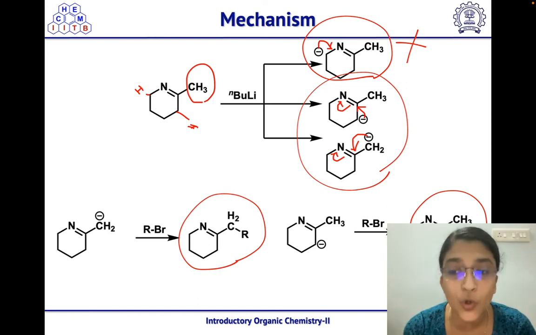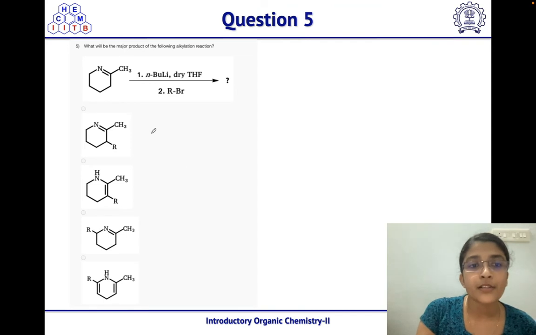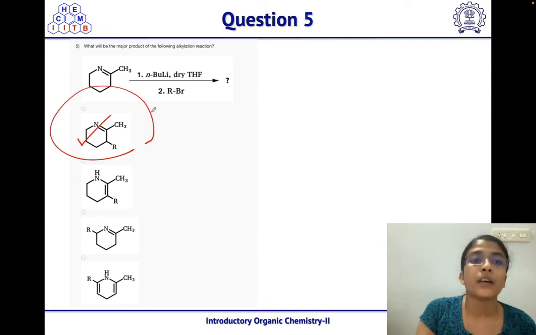Now we will see the options and we will see out of these two what is there in the option. So we can see that the CH2R product is not given in the option, so we can select this as the major product upon alkylation reaction taking place in this species.